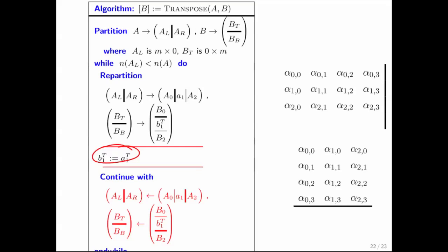Now, it's very important to realize that the transpose on the B1 has to do with the fact that it's a row of B, and the transpose is a label that labels this as a row. The transpose on A1, on the other hand, comes from the fact that you take the column of A and you transpose it in order to be able to overwrite the corresponding row of B with it.